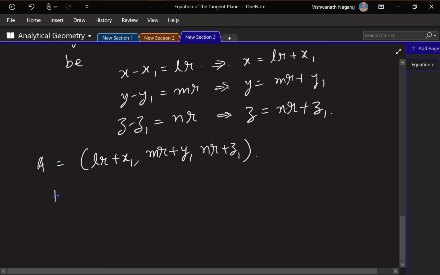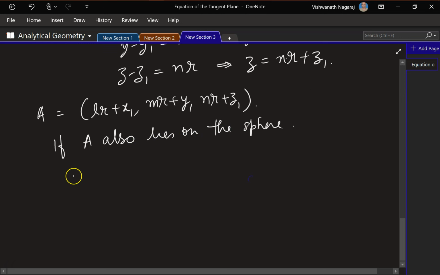Now, if A also lies on the sphere, then what?